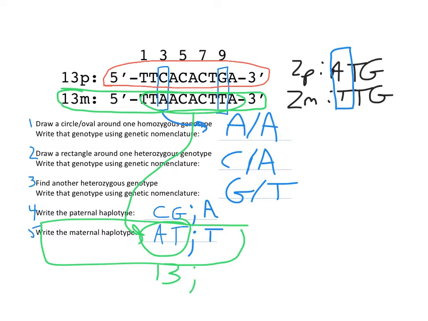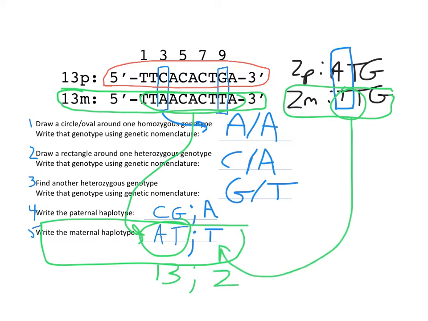The semicolon separates different homologous chromosomes, different numbered chromosomes. So 13 on the left, then that T came from chromosome 2. Also the maternal version of that chromosome. Thank you for asking me to restate that in a different way.